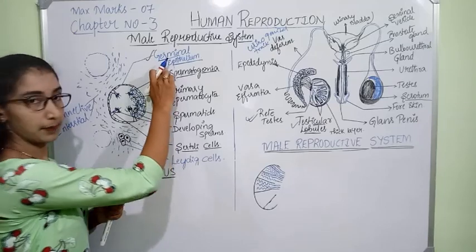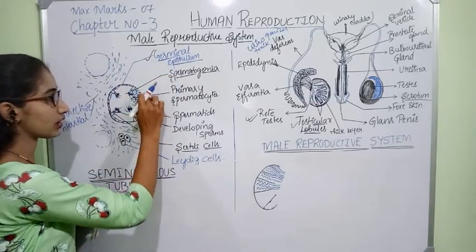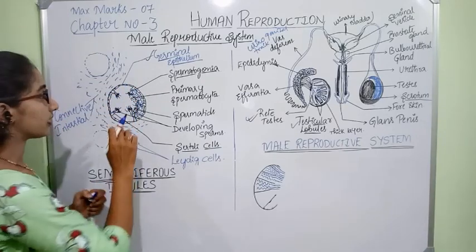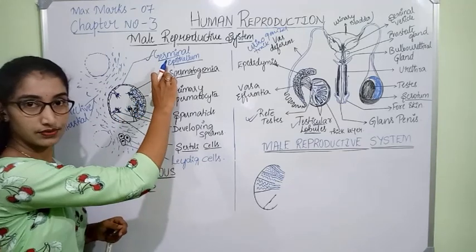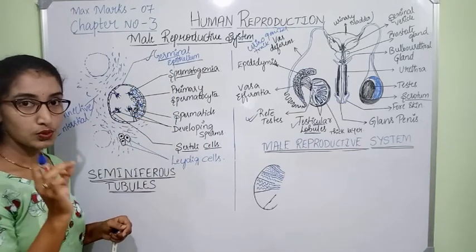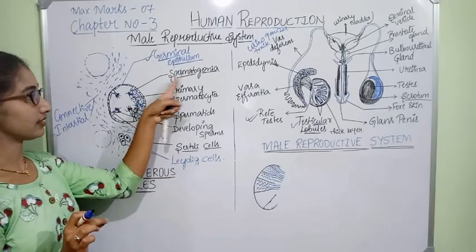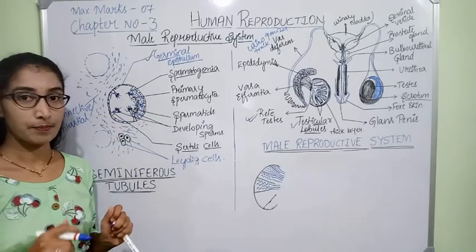The germinal epithelium forms the outermost lining of the seminiferous tubule, and 2 different types of germinal epithelium cells are found in the seminiferous tubules.